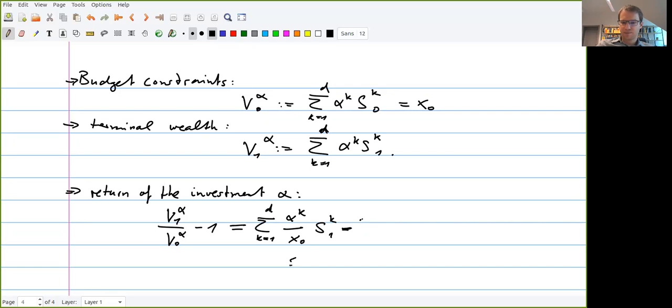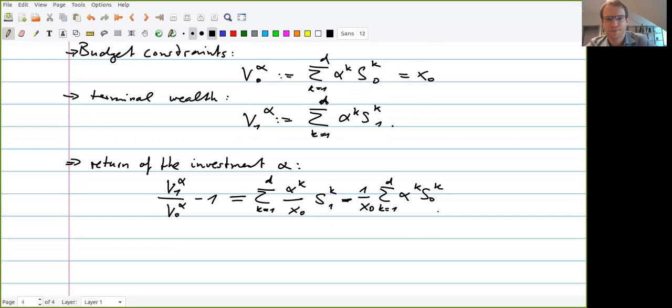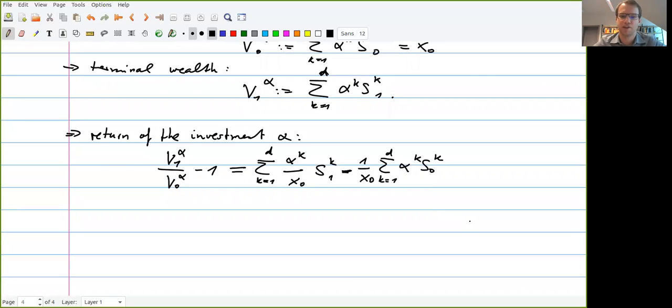So let me take this 1, I divide it and multiply it with x0. And now I know by my budget constraint, x0 is also equal to my positions, so the wealth I have at time 0. Okay. And this is not magic. This is just plugging in the definitions we just made, the assumption we just made.